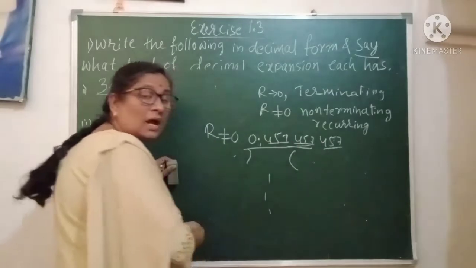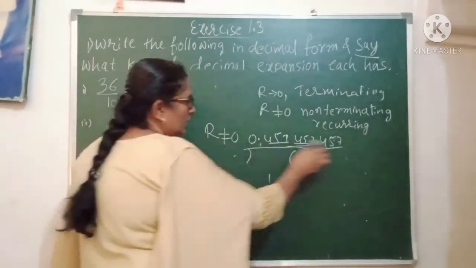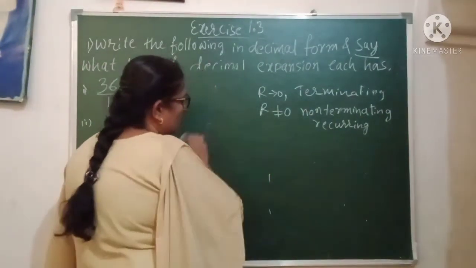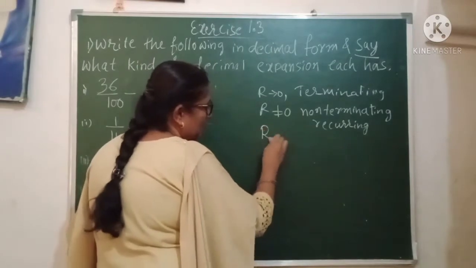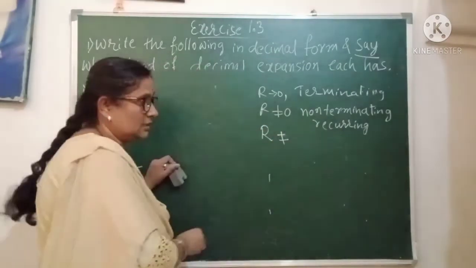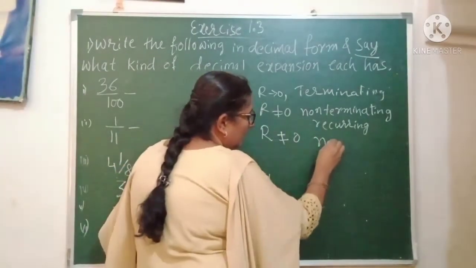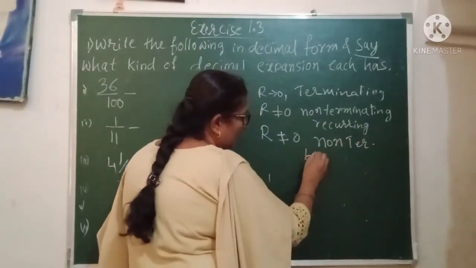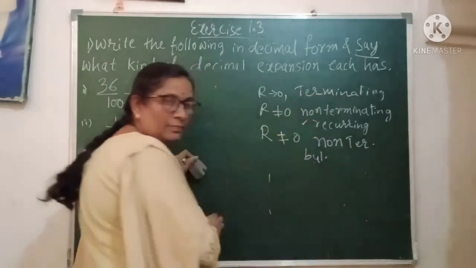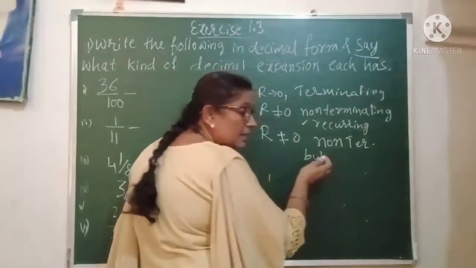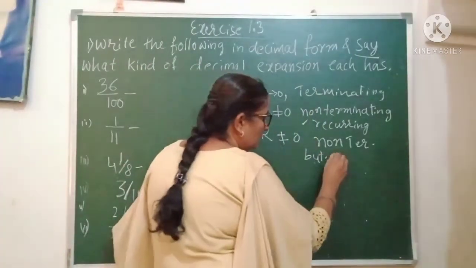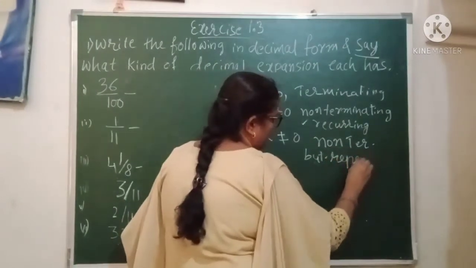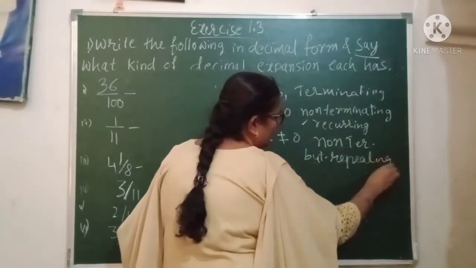A group of digits is repeating. So in that case, we are going to call such decimal expansions non-terminating, but they are recurring means a single digit repeats, while here a group of digits repeats. This is called repeating.